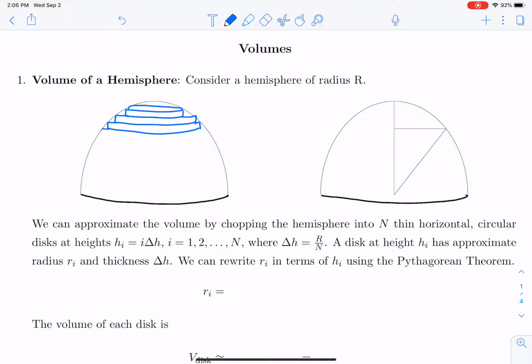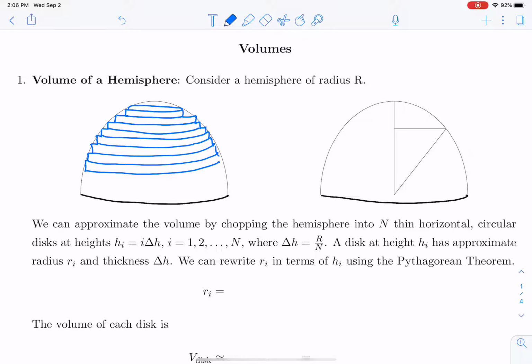And I just keep chopping up this hemisphere into these thin cylindrical slices. Then what I could do is find the volume of each one of these slices, because that is the volume of a cylinder, and then add them all up so that I can get the total volume of this hemisphere.